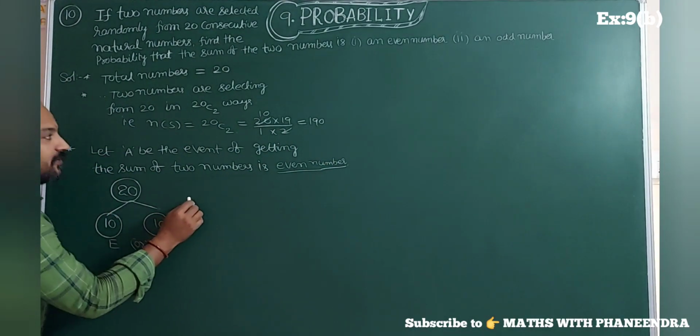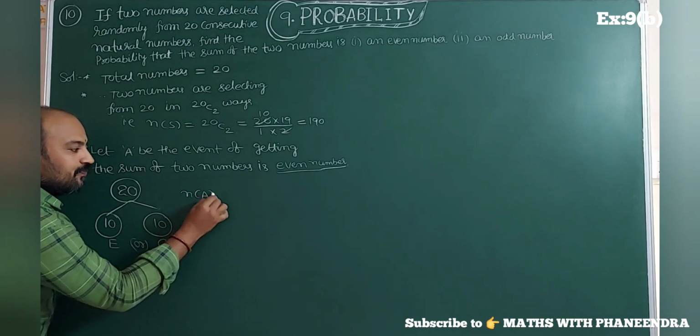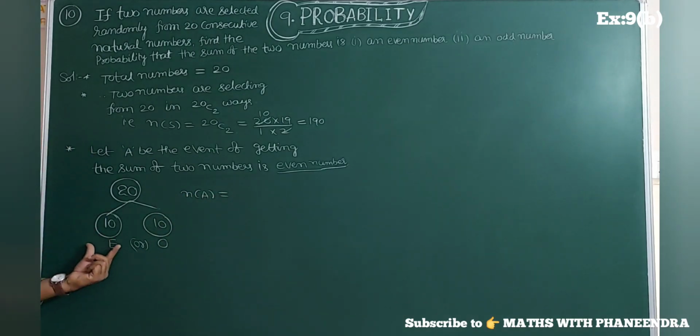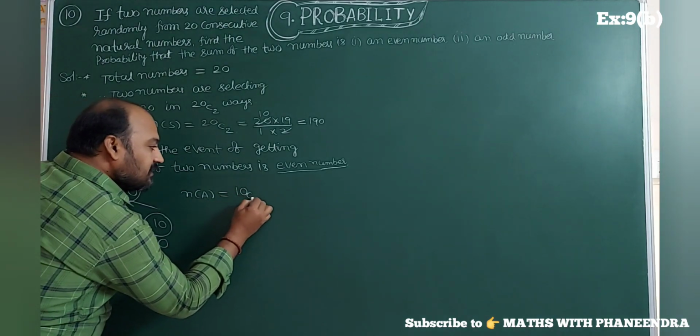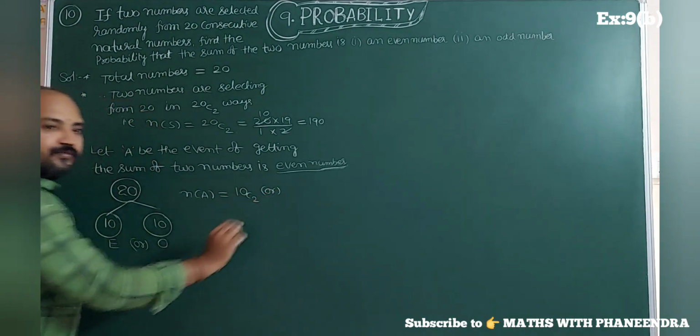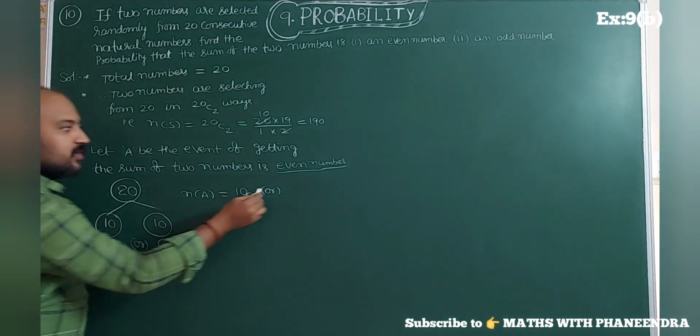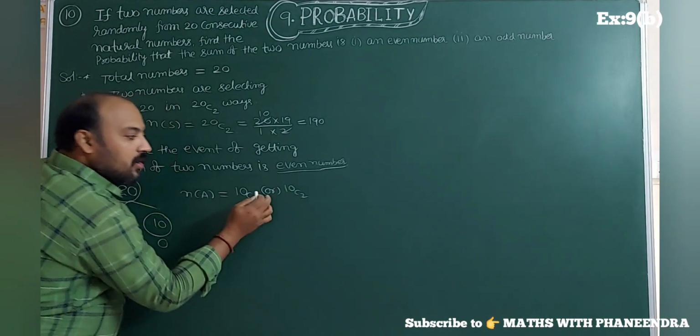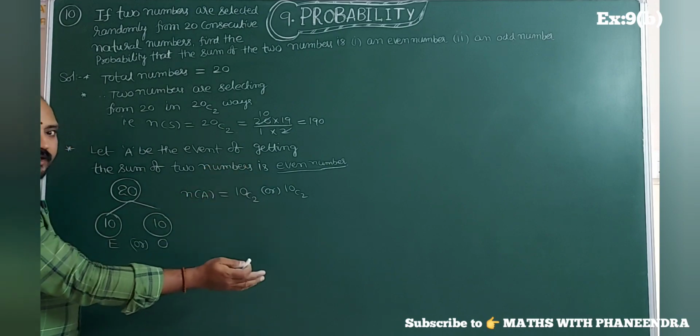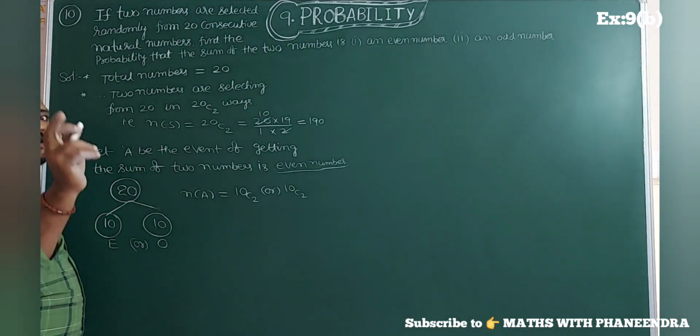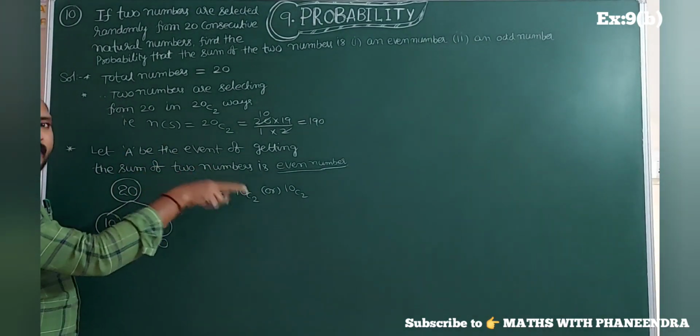Therefore, n of A is equal to, from 10 even numbers we are selecting 2, 10C2, or from 10 odd numbers we are selecting 2, 10C2. Whenever OR is there in probability, we consider plus. Wherever AND is there, into.